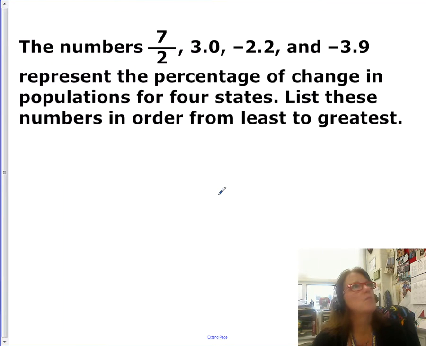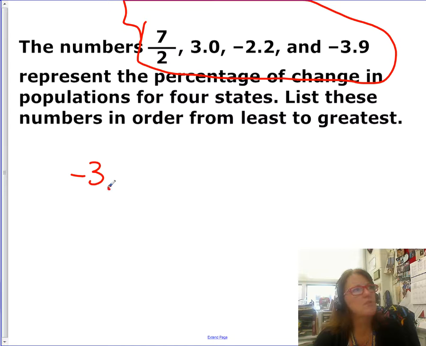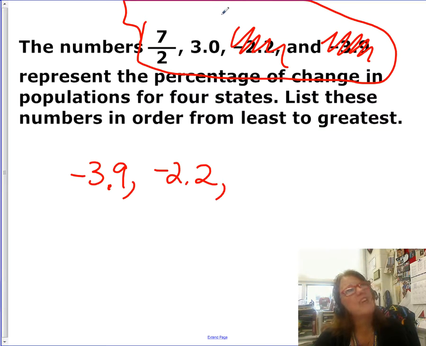I think there's one more of these, okay? If you have a number line, you can use it, but really you're looking for your negative values first, which means this guy is the most negative. Then comes -2 2/10. Then I've got these two. Which one comes next?